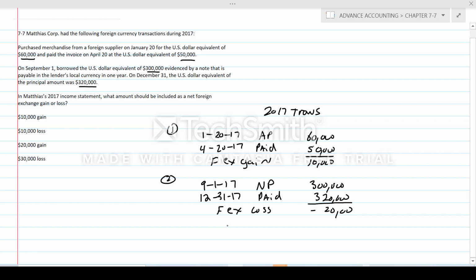Now to compute the net foreign exchange gain or loss, you're going to take the $10,000 gain and net it against the $20,000 loss for the two separate transactions, which is going to result in a $10,000 net foreign exchange loss for 2017.